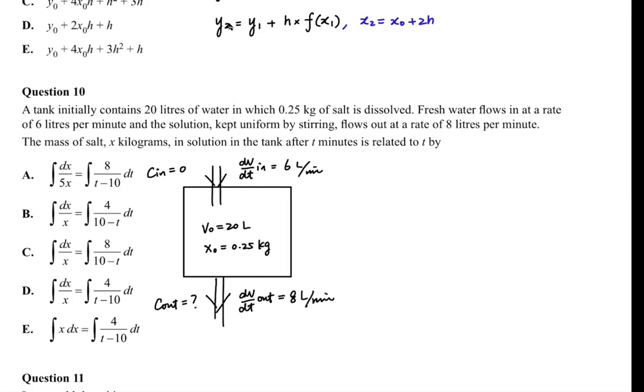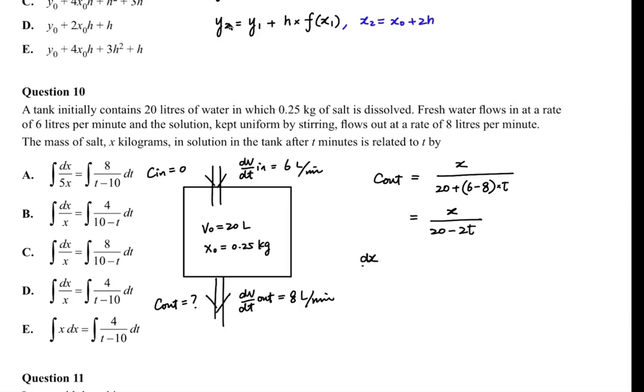Before I derive my total differential equation, I'm going to write C out is the mass over volume. Your volume is 20 liters plus flow in 6, flow out 8: 6 minus 8 times t. So it's x over (20 minus 2t).